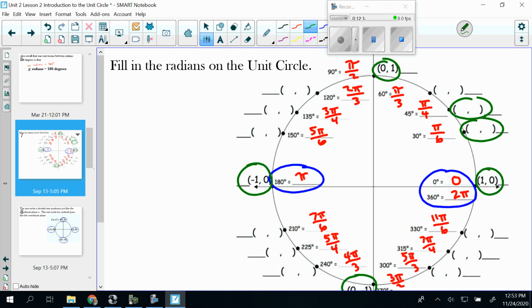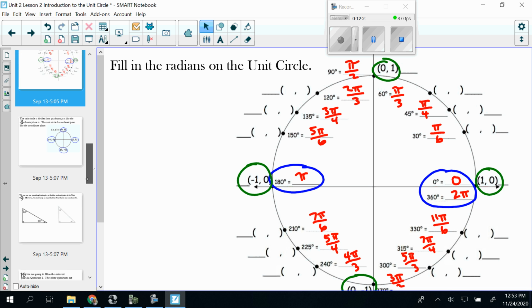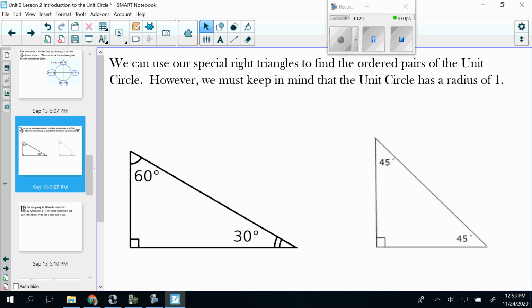Well, in order to come up with those ones, we're going to use those special right triangles, because that's how we came up with those points in the first place. And so what we're going to use is our 30, 60, 90 triangle and our 45, 45, 90 triangle to come up with the ordered pairs there. Remember that when making these, the radius of the circle is 1.